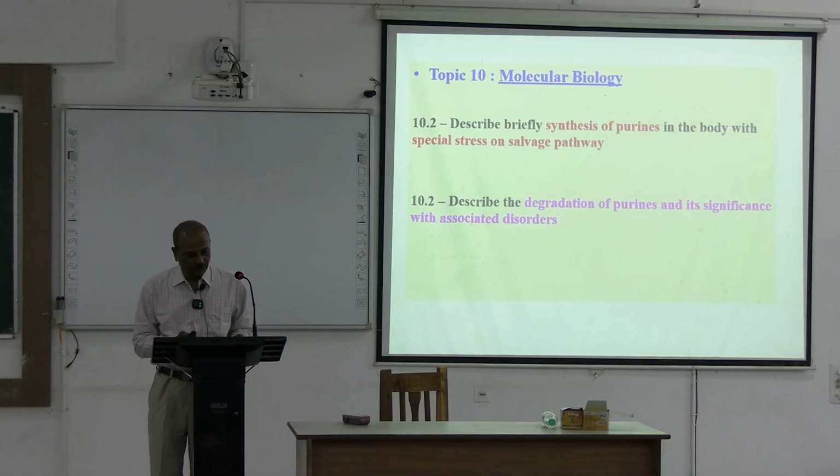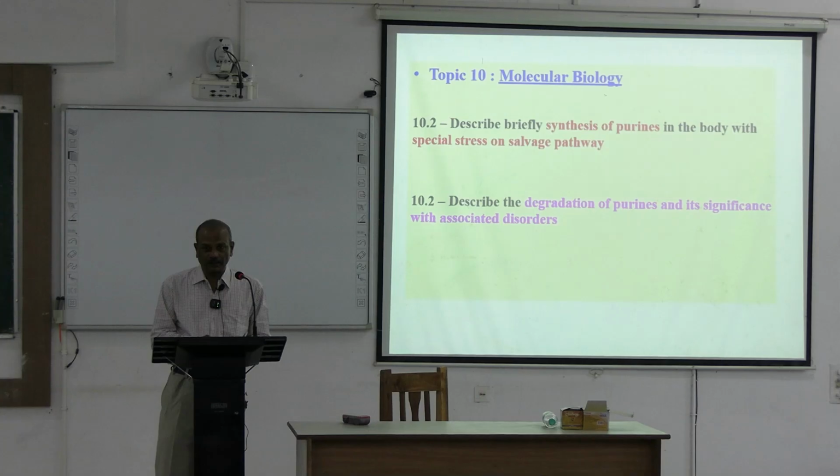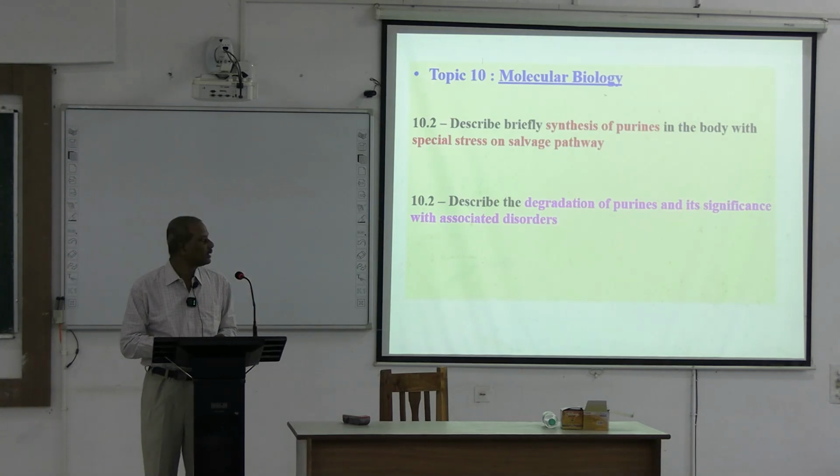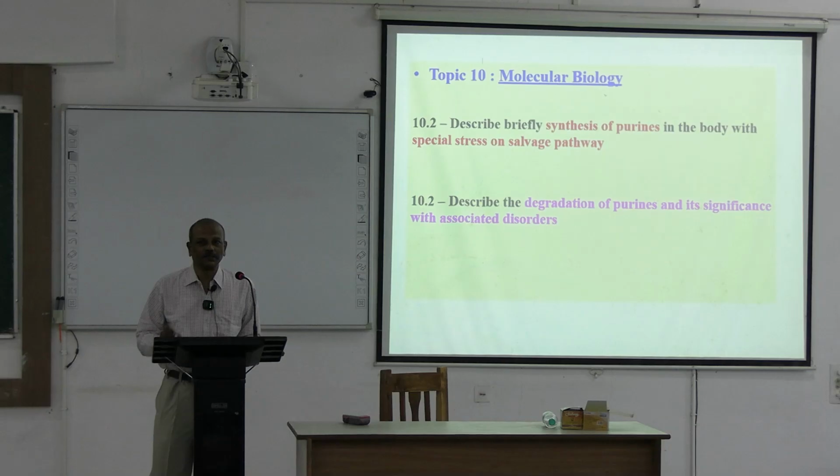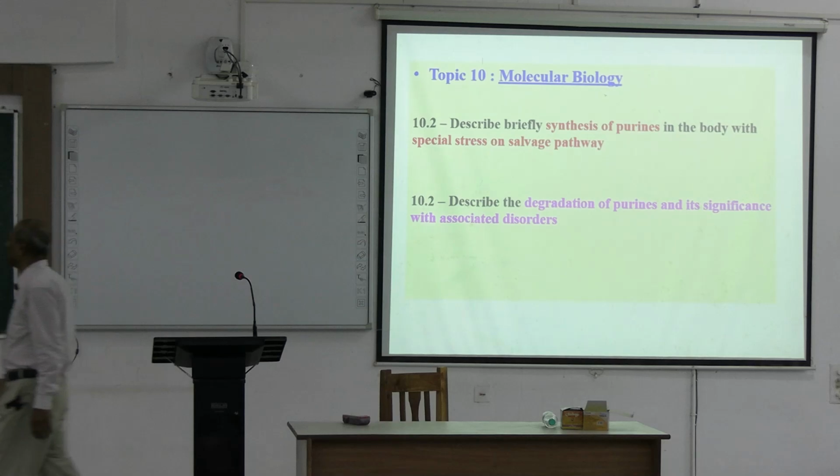First and foremost, I do not know how much you have remembered about the purine rings. You have been told the chemistry of nucleotides, but basically the purine ring is a heterocyclic ring.